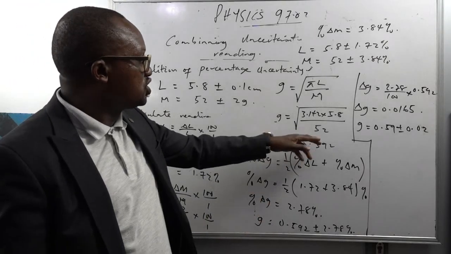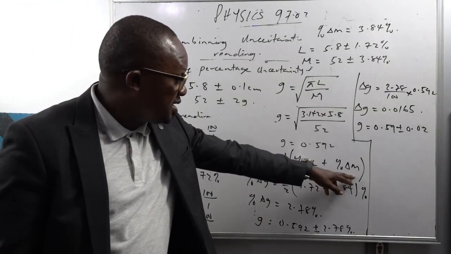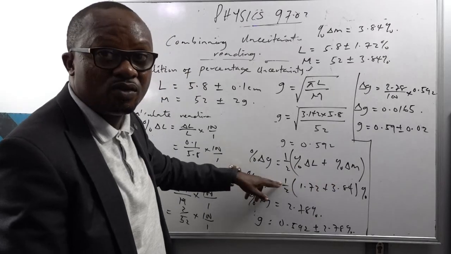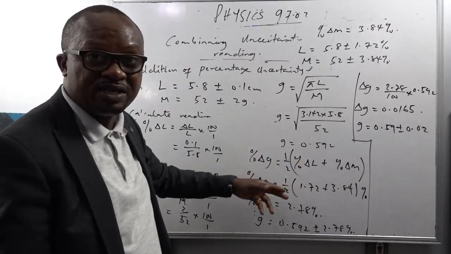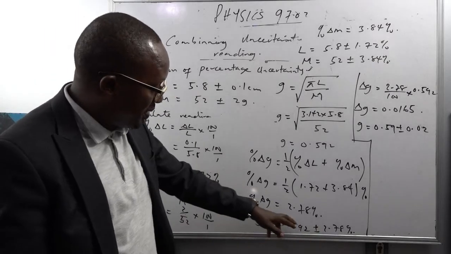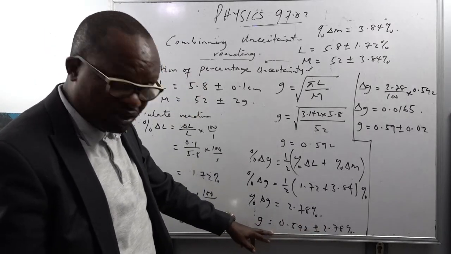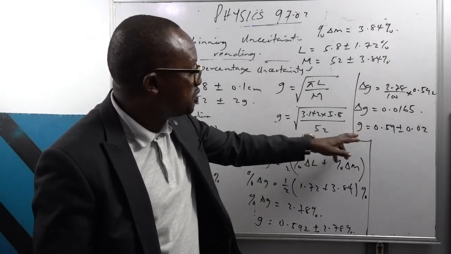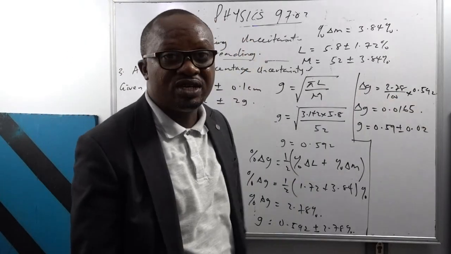So if your reading is raised to a power, you multiply the percentage uncertainty by that power, or you multiply the fractional uncertainty by that power, depending on the one you are using. So after you have done that, from the percentage uncertainty, you can now calculate the absolute uncertainty. Absolute uncertainty will just be the percentage uncertainty multiplied by the actual reading.